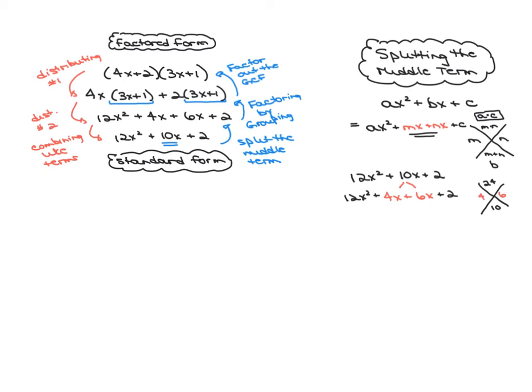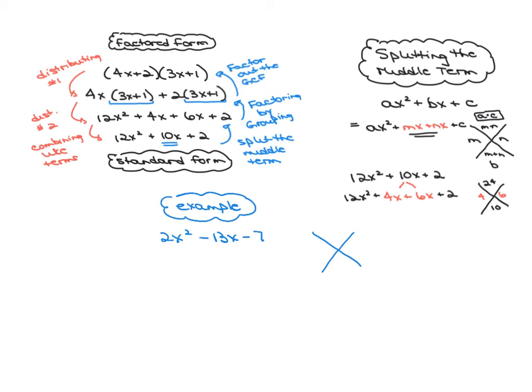All right, let's end with one good example of putting all these pieces together. Let's factor 2x squared minus 13x minus 7. I'm going to start by splitting the middle term, working backwards.